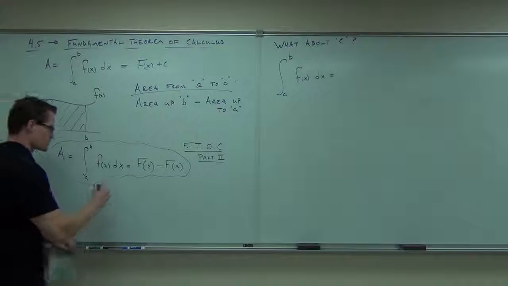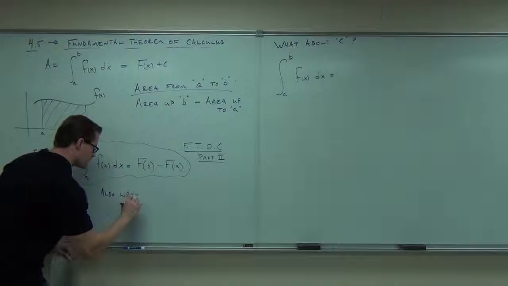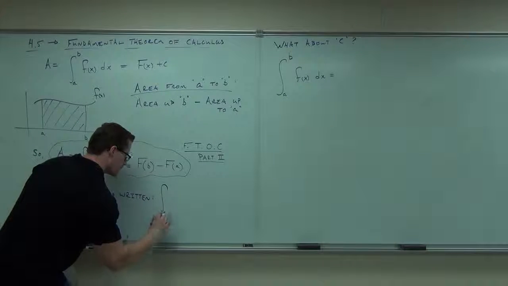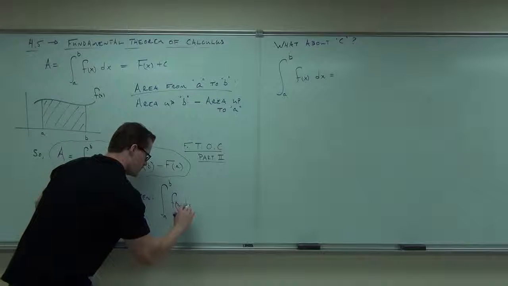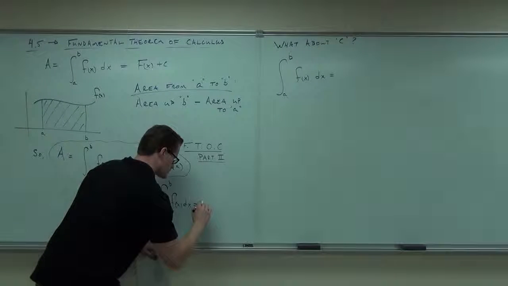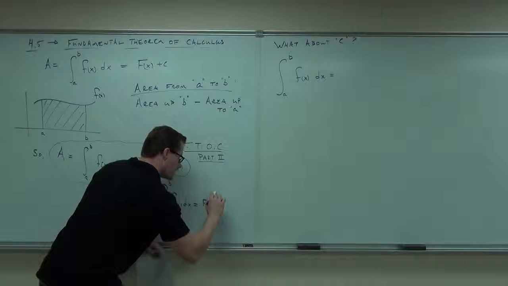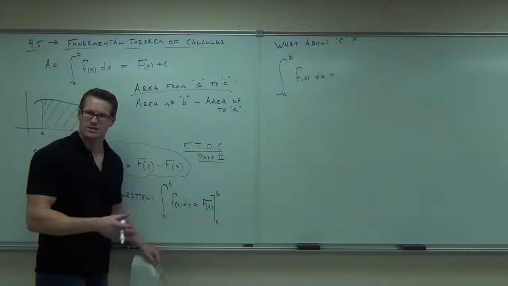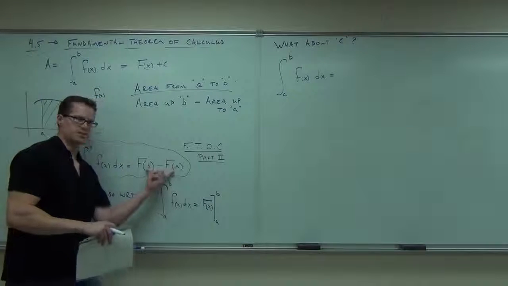One more thing, this is also written as F of x, with an evaluation symbol from A to B. That's how you can write that, and we're going to be practicing that as well. It says the same thing, okay? This and this are the same.